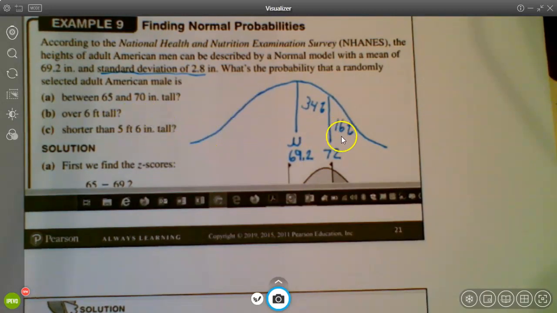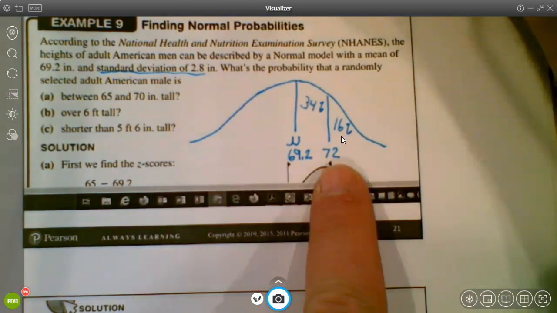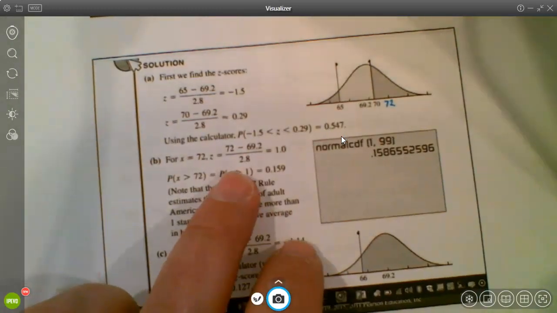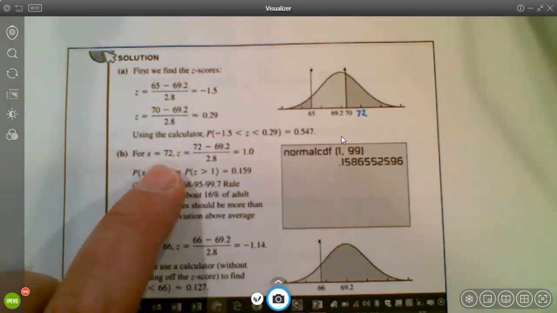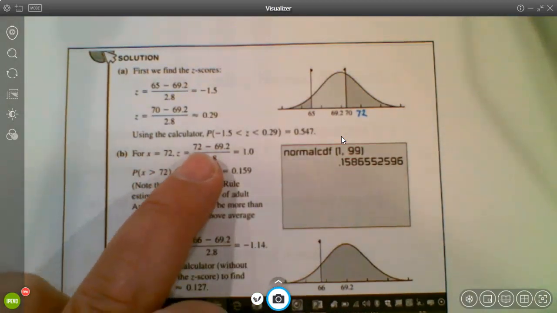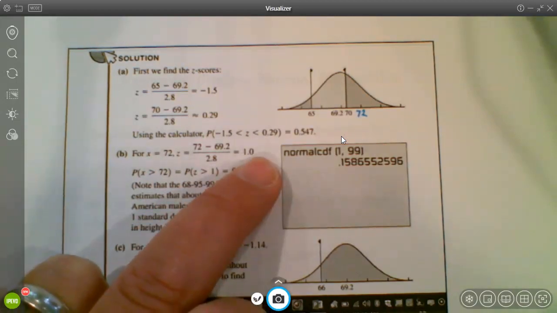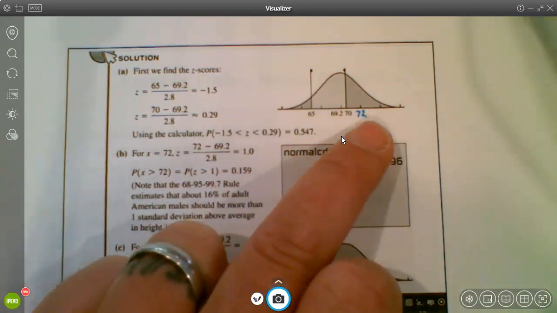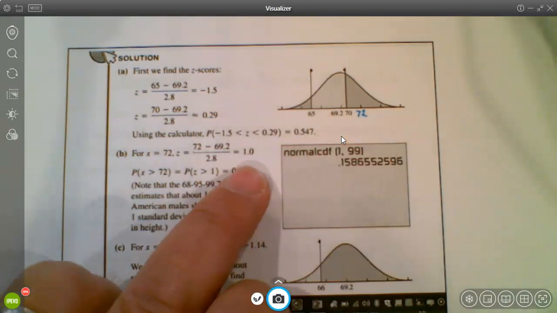So let me show you this one on our calculator as well. So if you were going to use z-scores, keep in mind they're saying greater than 72. Okay, so here's what that would look like. Using the z-score formula, they're coming out with 1, and that makes sense because 72 is exactly 1 standard deviation above the mean. So that's why the z-score is 1.